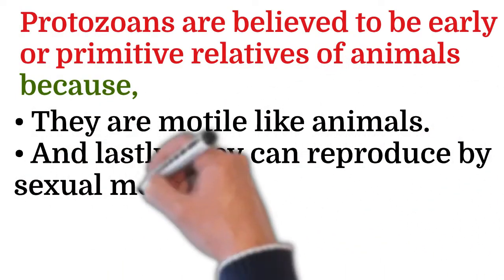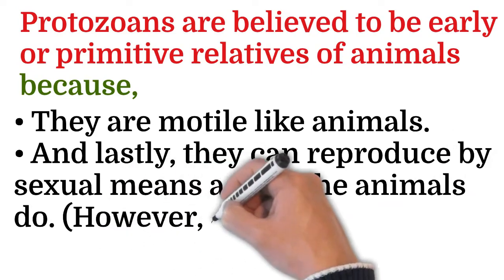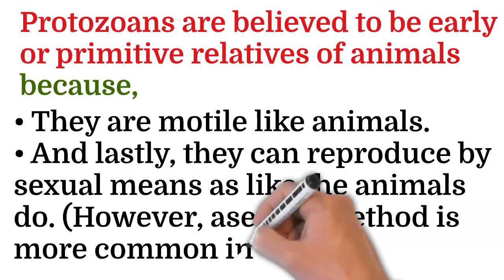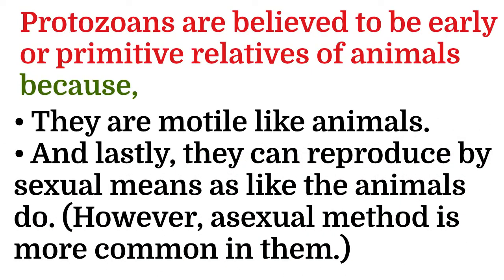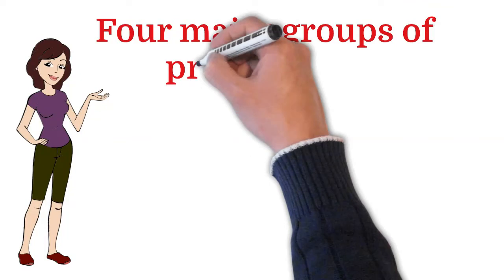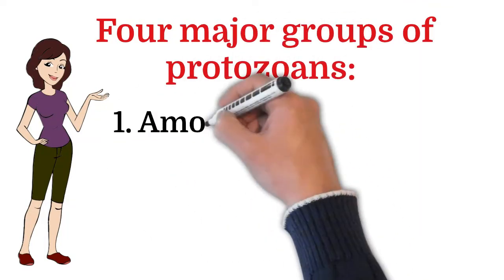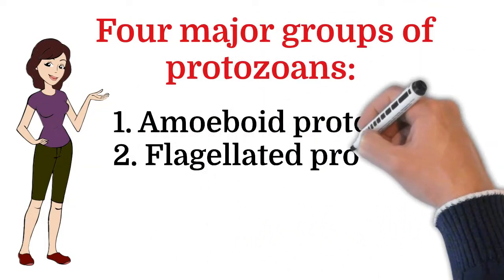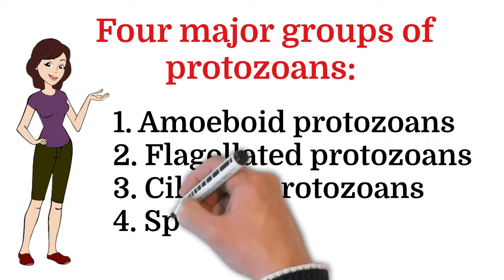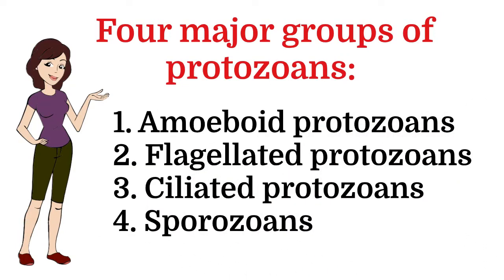And lastly, they can reproduce by sexual means like animals do. However, asexual methods are more common in them. The four major groups of protozoans are amoeboid protozoans, flagellated protozoans, ciliated protozoans and sporozoans.